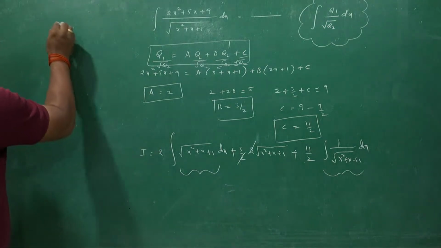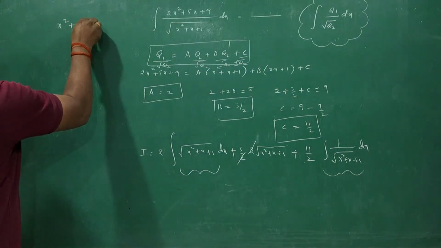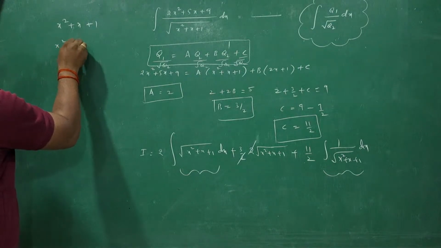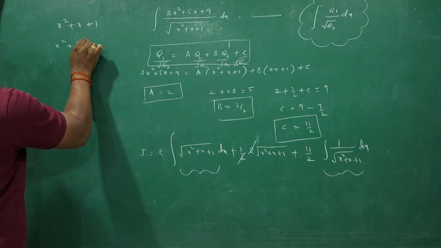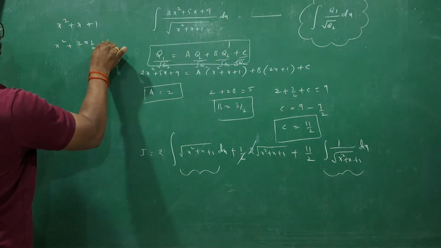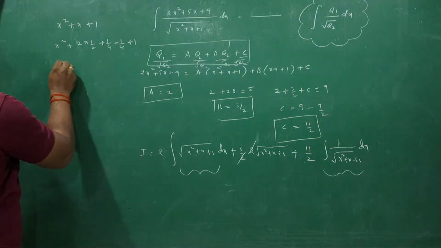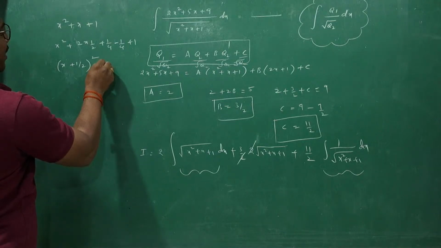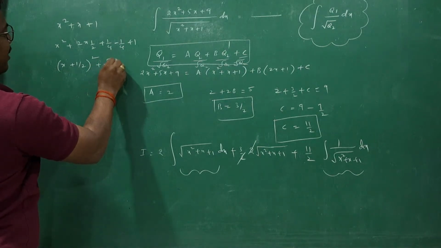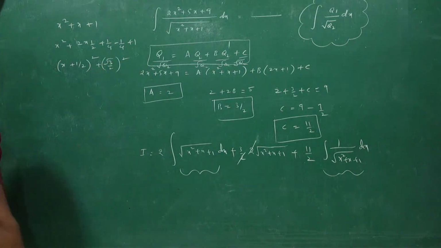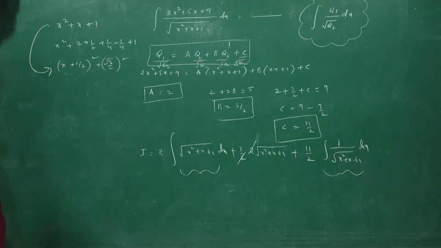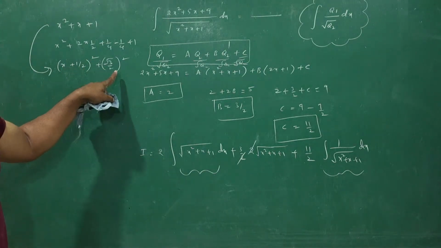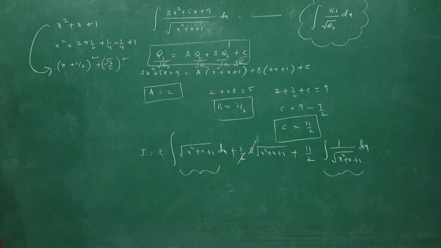See, the expression x square plus x plus 1 is written as x square plus 2 into x into 1 by 2 plus 1 by 4 minus 1 by 4 plus 1, that is x plus 1 by 2 whole square plus 1 minus 1 by 4, 3 by 4, that is root 3 by 2 whole square. Replace x square plus x plus 1 by x plus 1 by 2 whole square plus root 3 by 2 whole square.